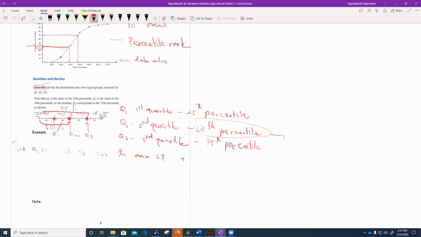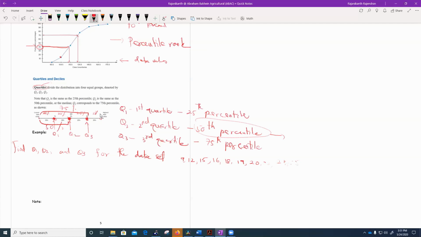I'm taking the arranged data set we had earlier: 20, 22, 24, and 25. We need to find the three data values.